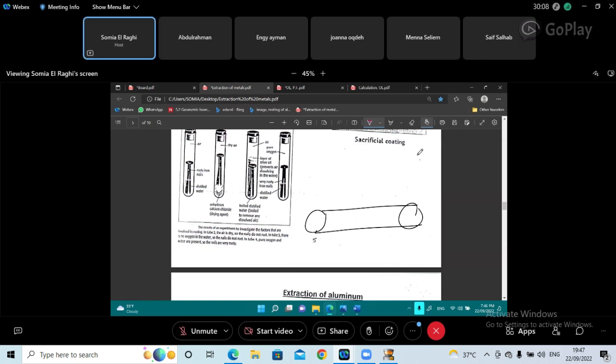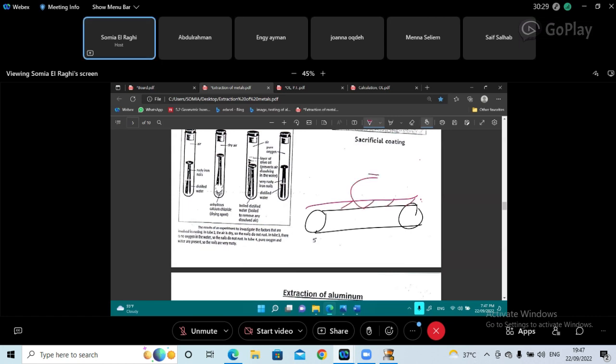What is the meaning of sacrificial protection? That's one technique to prevent rust. For example, I have this pipeline. Excellent. Minna answered, I will cover this pipeline or any other object with more reactive metal.